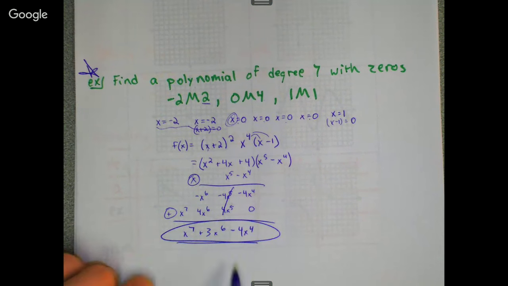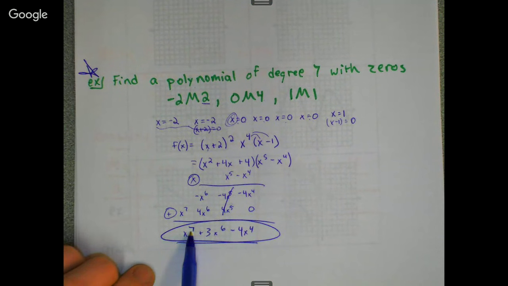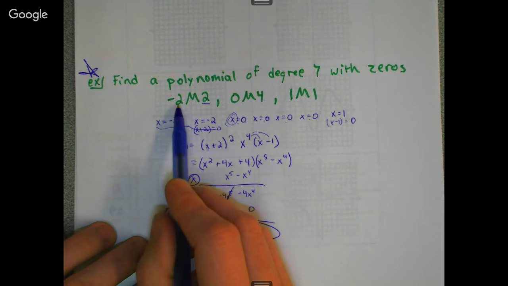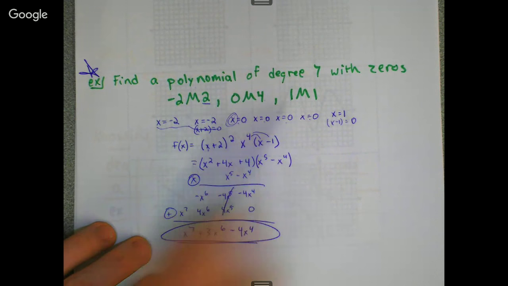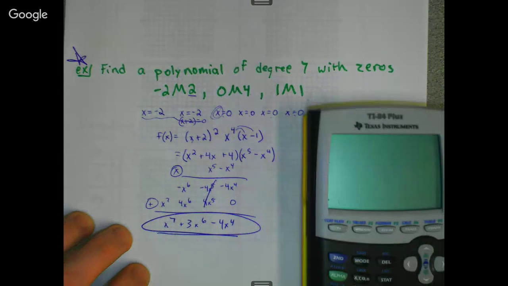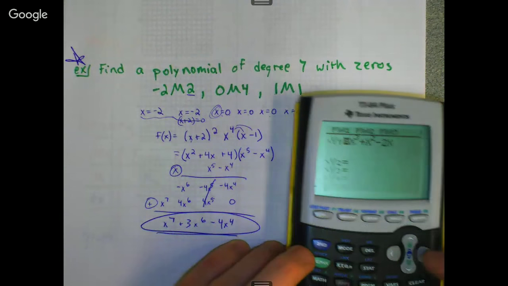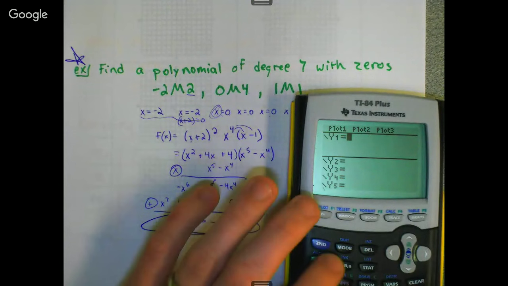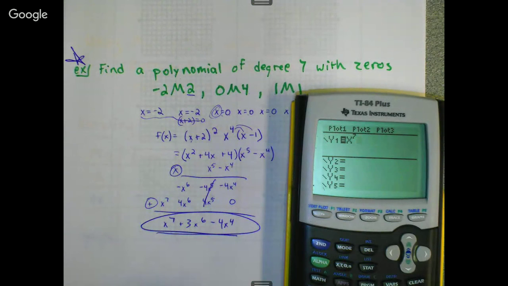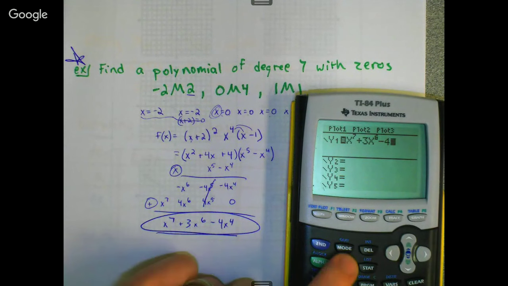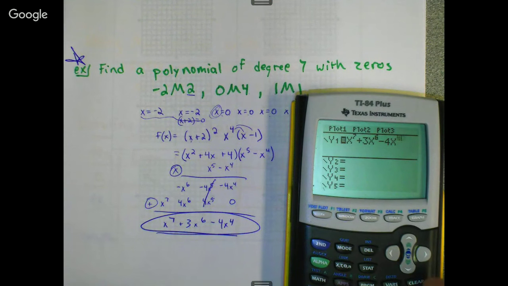Okay. So I've got a polynomial of degree 7, and if I were to graph it, it would cross at these spots right here. So let's look at that. If I graph it, so I have x to the 7 plus 3x to the 6 minus 4x to the 4th.